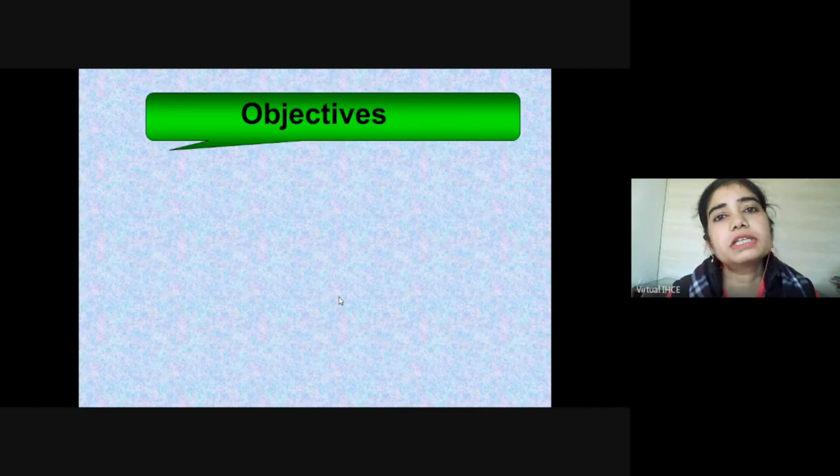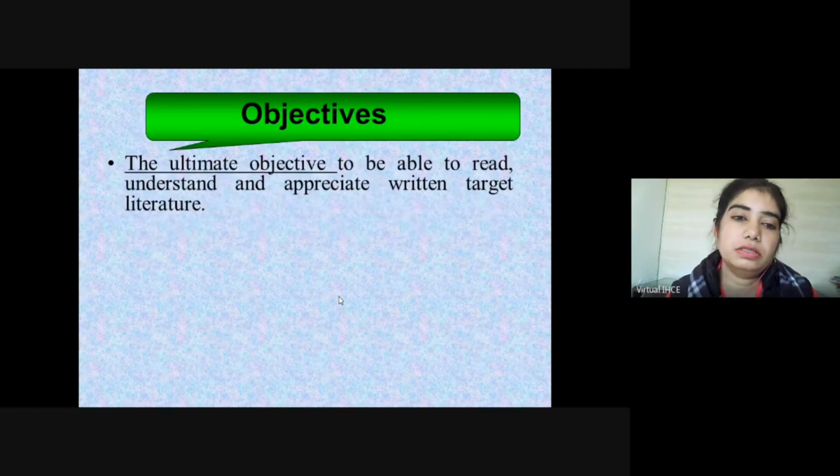Now, what are the objectives of grammar translation method? The ultimate objective is to be able to read, understand and appreciate written target literature. So it is mainly related to reading and writing skill.